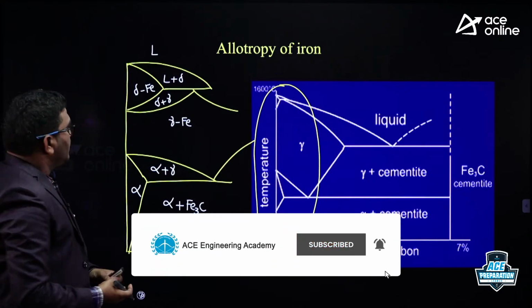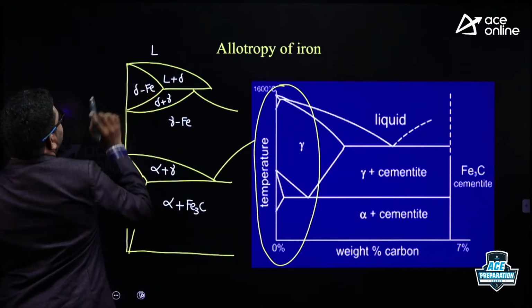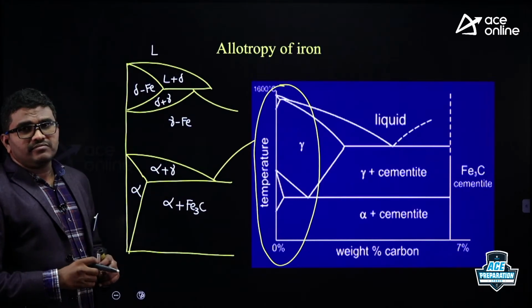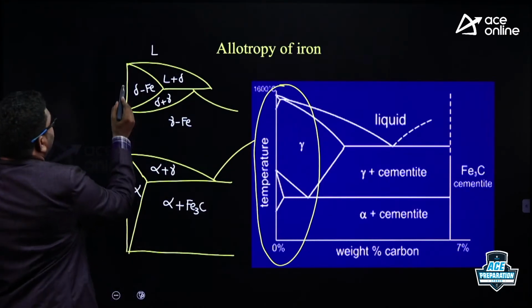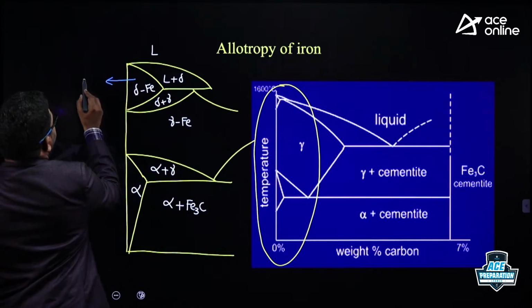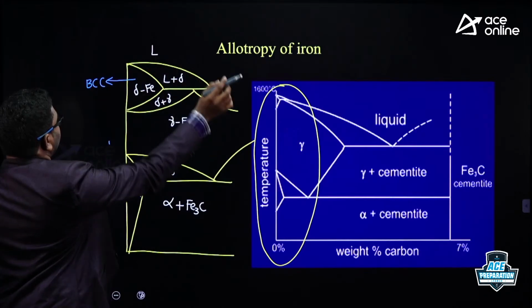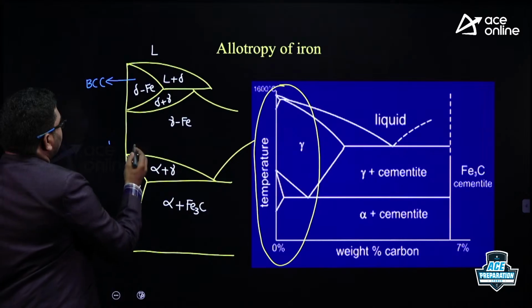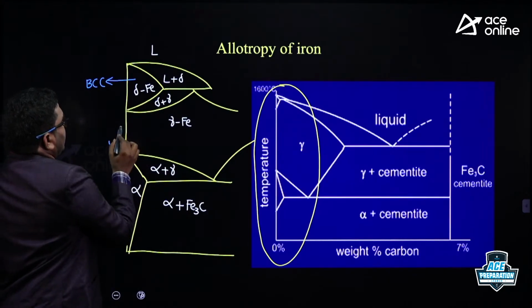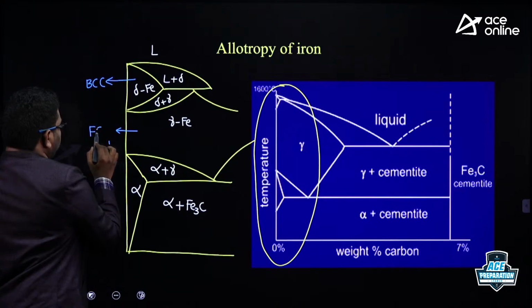Okay. So, from the liquid state, if we cool, initially delta iron is formed, and the crystal structure of this delta iron is BCC. After that gamma iron is formed. The crystal structure of gamma iron is FCC.